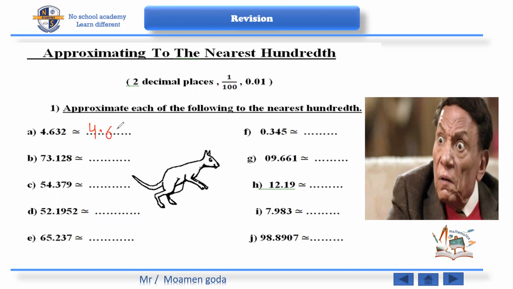And number 3 will stay as it is because number 2 will not add anything to this number. In the decimal numbers, if you write 0 here for the next door, that means nothing. 0 at the right of the decimal number means nothing. So I will skip writing 0 here as we said.